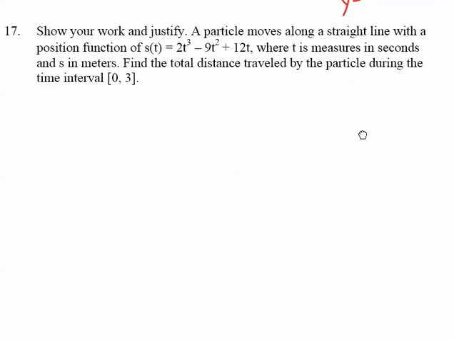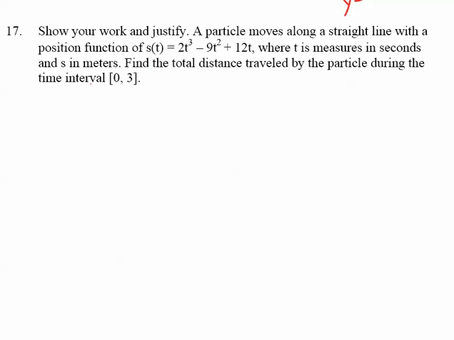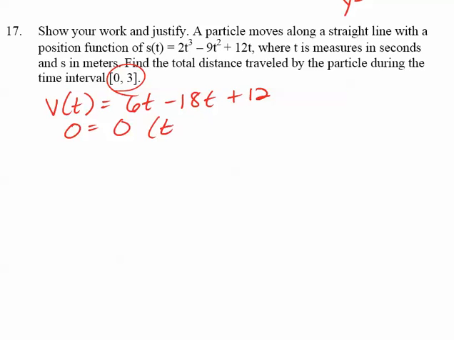And another straight line motion problem. So we want the total distance traveled in 3 seconds. Well, let's find the velocity. So we'll have 6t squared minus 18t plus 12. When is the velocity equal to 0? So these all start looking alike here. I'm factoring, sorry, not a 0.